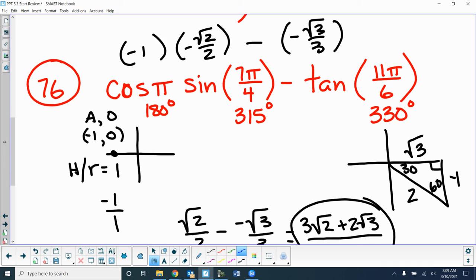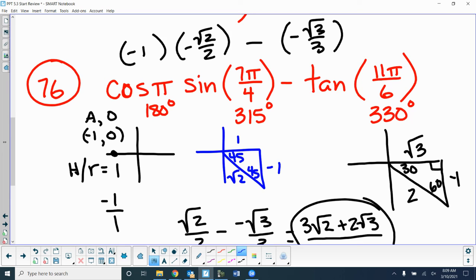Let's draw it. 315 would be in the 4th quadrant. And it's a 45, 45. So that's a negative 1 because it's down. That's a positive 1. And that's a positive radical 2 because our hypotenuse is always positive. Okay, so the 180 cosine is adjacent x over r, hypotenuse r, 1.